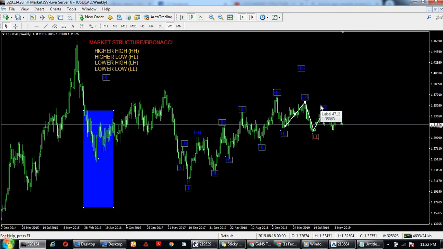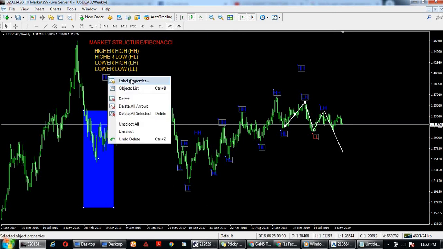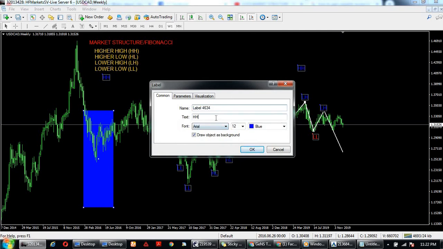And because, indeed, the structure of the market has now changed from an uptrend to a downtrend, we would now expect price to come and make a new low that is lower than the most recent swing low.